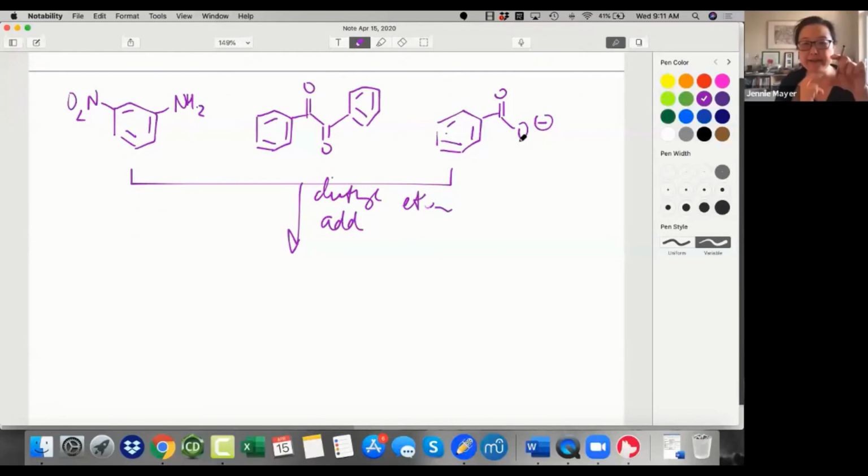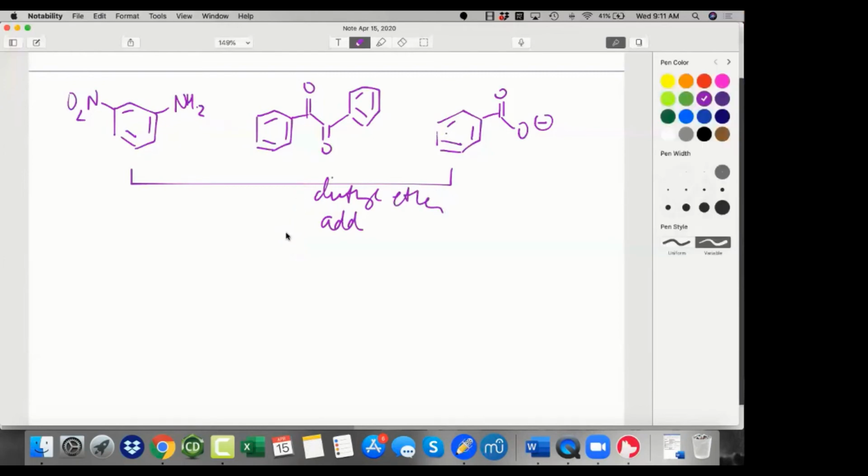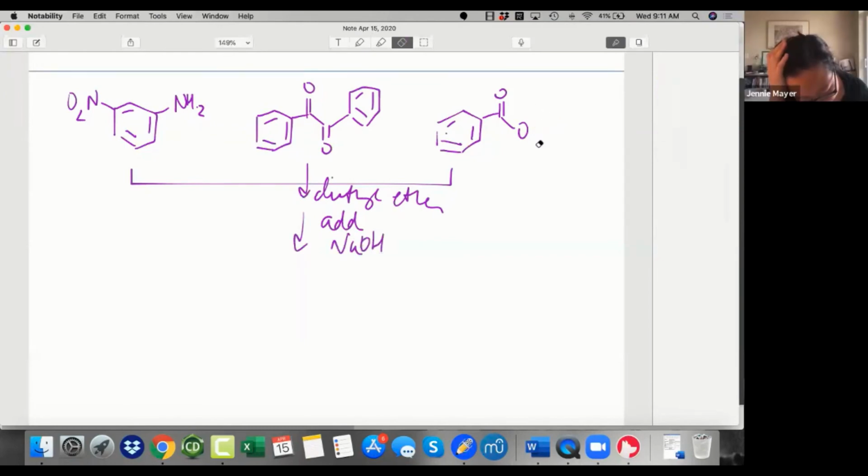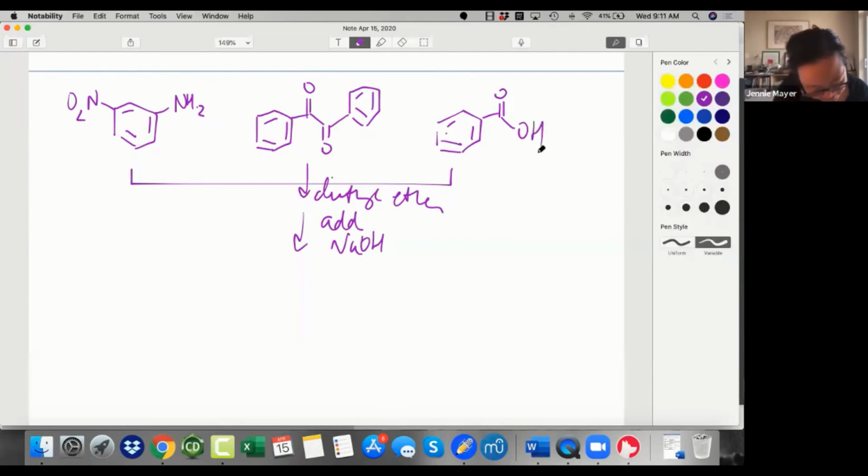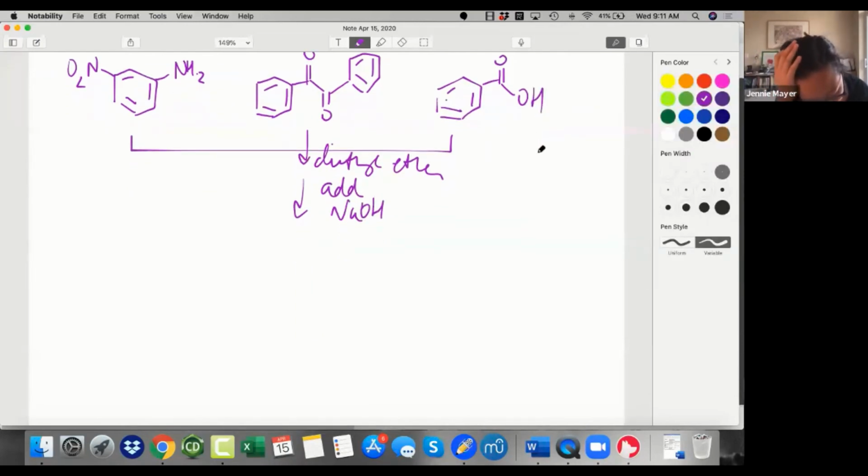So you get a vial of three solids mixed together, dissolve everything in diethyl ether. Very good. And then what could be next? You add NaOH to charge the benzoic acid, like you were explaining before. Oh yeah, exactly. Right. Very good. Sorry, so that's not charged yet. Right. I'm going to add NaOH, and that's going to make this charged.